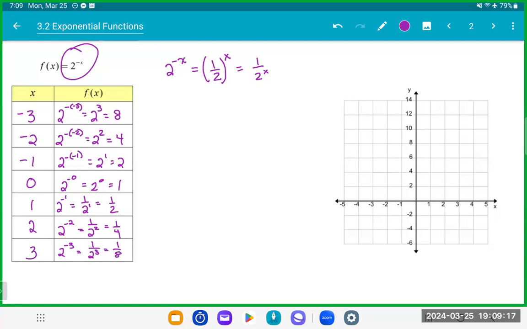Okay? So we can graph that. We have -3, 8, -2, 4, -1, 2, 0, 1. 1 is 1/2, 2 is 1/4, and 3 is 1/8.